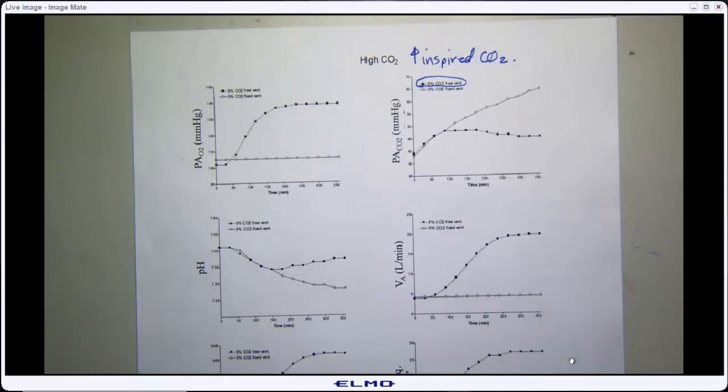So you're talking about chemoreceptors? Yeah, so they're on the systemic side, in the aorta and the carotid arteries. So this is why we need to take the steps, because we need oxygen or CO2 to change in the systemic arteries. So how did increased inspired CO2 change oxygen or CO2 in the systemic arteries?